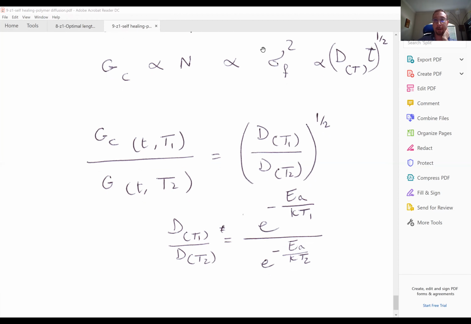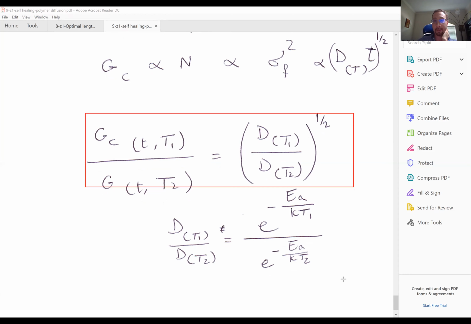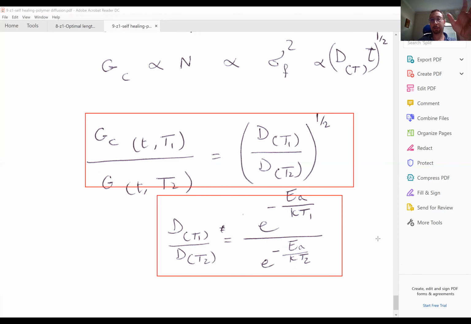The combination of these two equations tells you how, if you do this intrinsic self-healing at a certain temperature above Tg, it scales with time. If you know that relationship for a certain temperature and time, you can do it for any other temperature above Tg and any other duration of time.